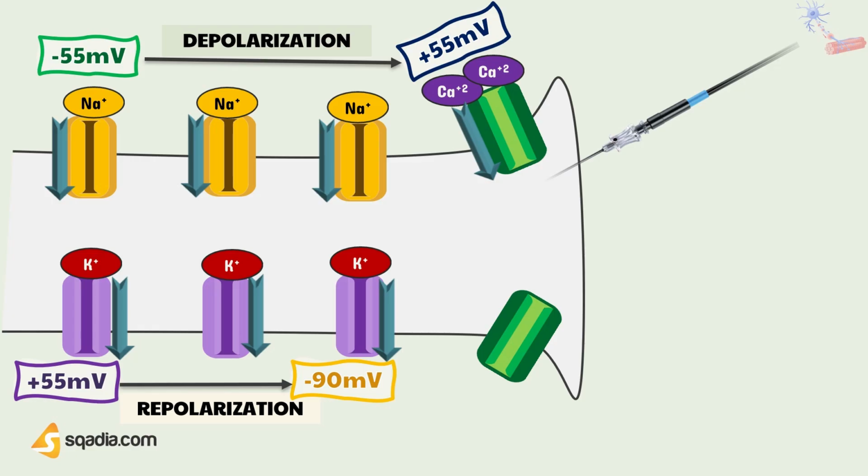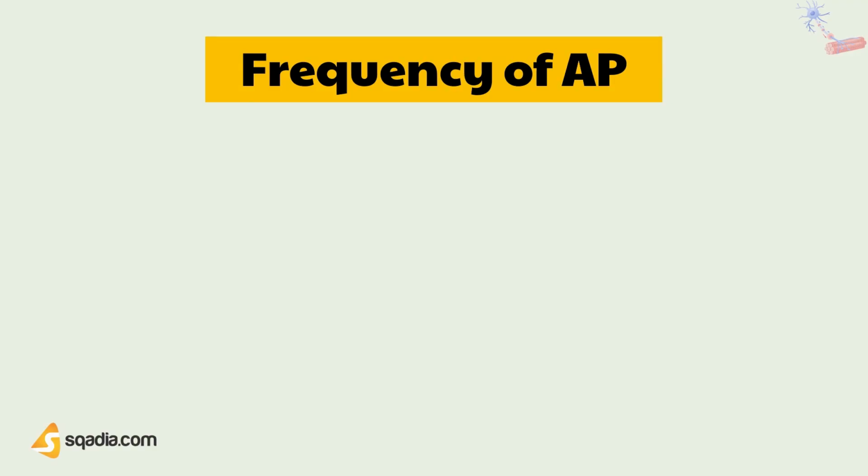The electrodes are placed on one place or another place to study the action potential and to study the graphs of the action potential. On the basis of the placement of these electrodes, we have categorized the frequency of action potentials. And that's how action potentials are measured.